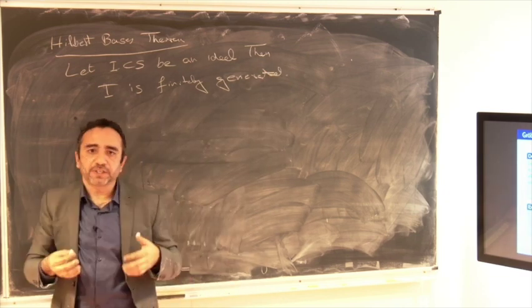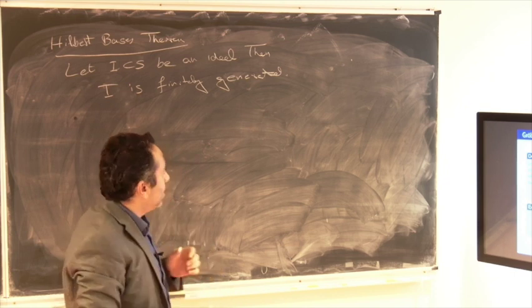That means there is a finite set of polynomials which generates that ideal. Okay, proof.